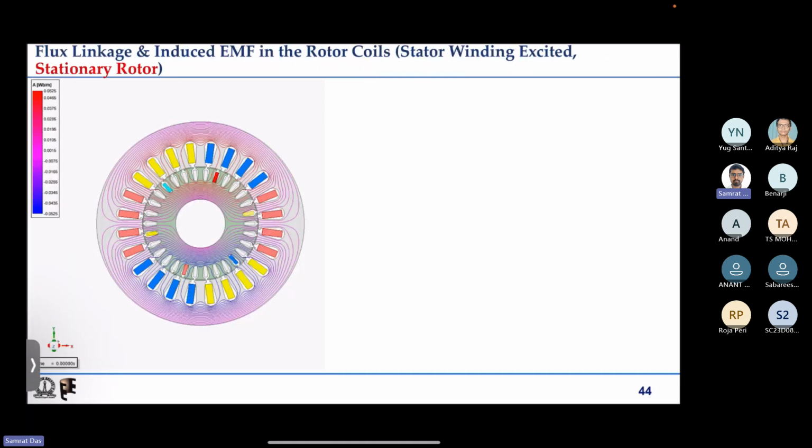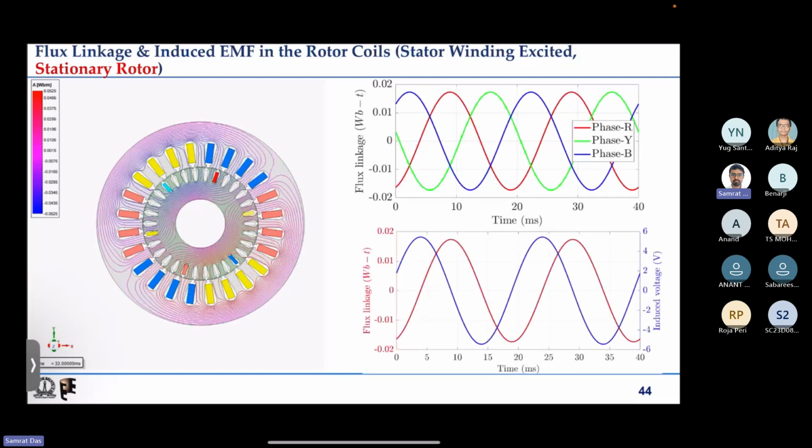Then we understood our flux linkages and understood that there is actually no need to put conductors in the rotor. If we simply excite the stator, then because of electromagnetic induction there will be varying flux linkages that will cause varying induced EMF, and if we short them, if we make the current paths closed, then there will be some current flow.